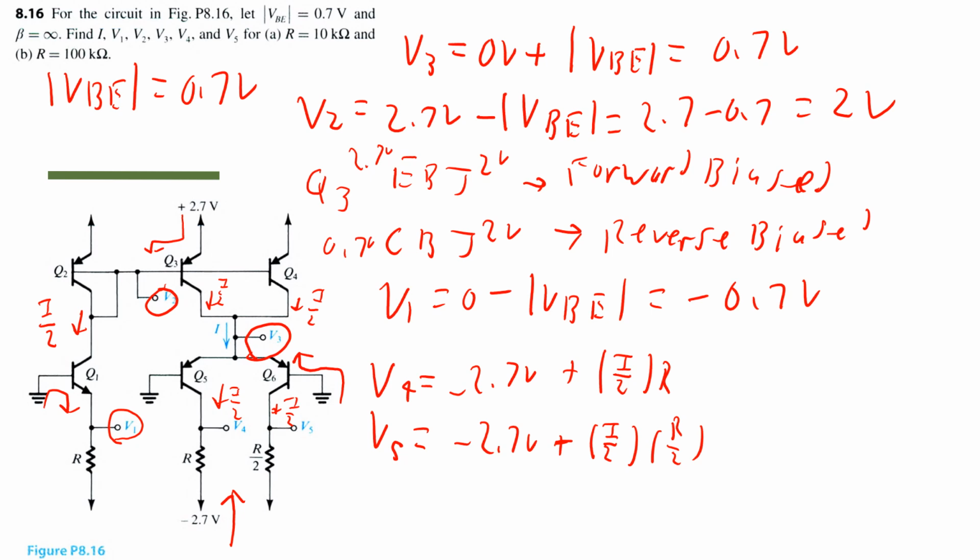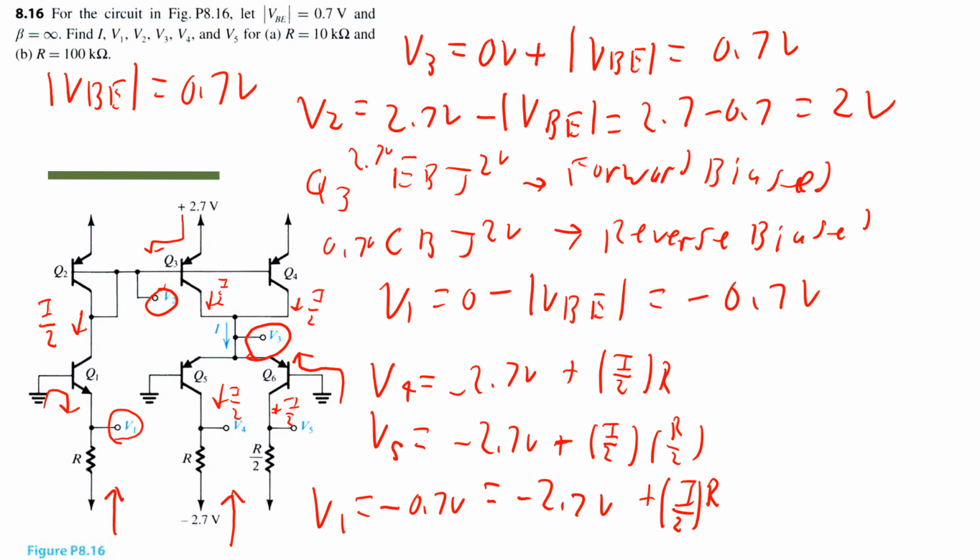What about V1? I already know what V1 is equal to, and I also know that V1 can be calculated with respect to that resistor R. Specifically, V1 would be equal to negative 0.7 volts, as we know. We can also write this if we go from the bottom of the circuit, it would be negative 2.7 volts plus the voltage drop across that resistor, I over 2 times R. Perfect.